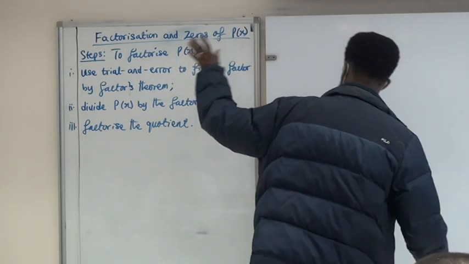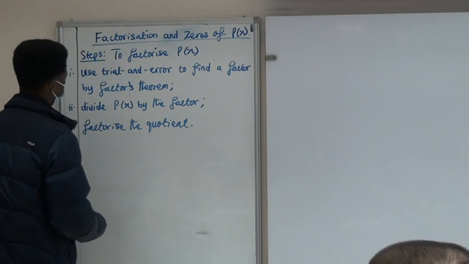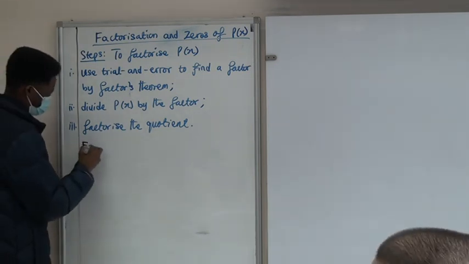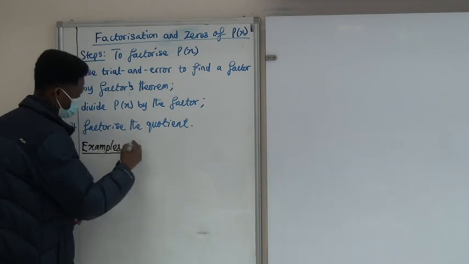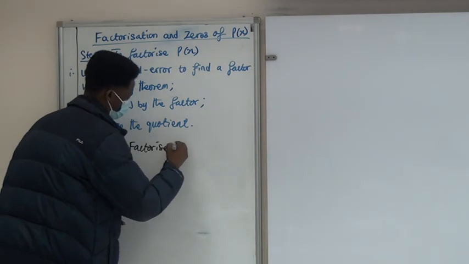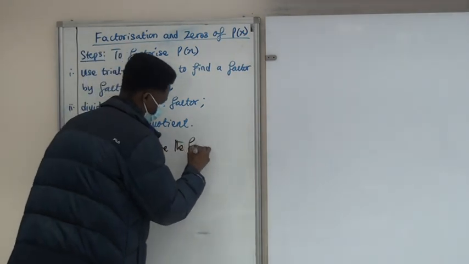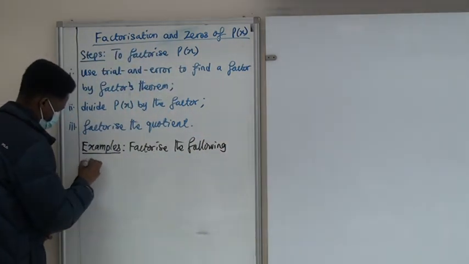Of course, these 3 steps can be very long, which is okay. We are up to the task. So I will combine these 2 together. Factorize the following polynomials.